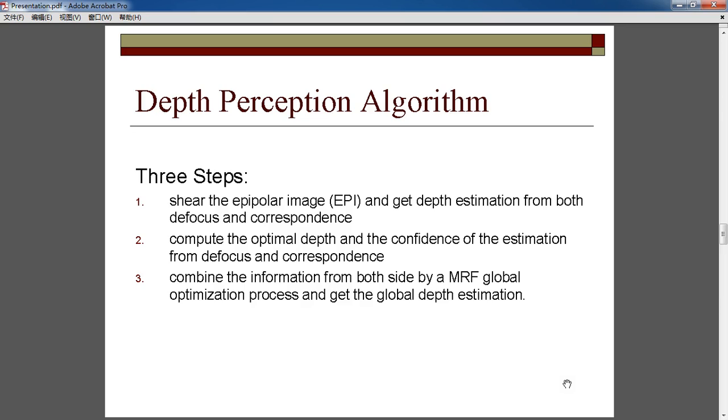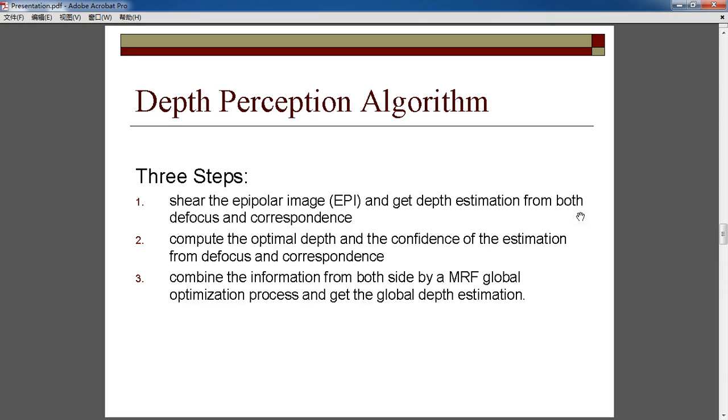Then let's talk about the depth perception algorithm. The algorithm presented in this paper is roughly summarized as 3 steps. In the first step, we need to shear the epipolar image and get depth estimation from both defocus and correspondence.